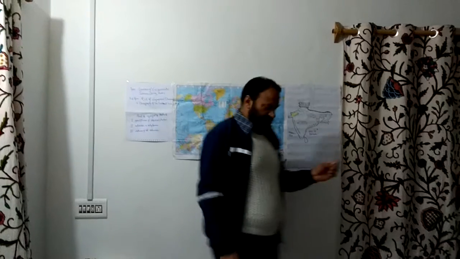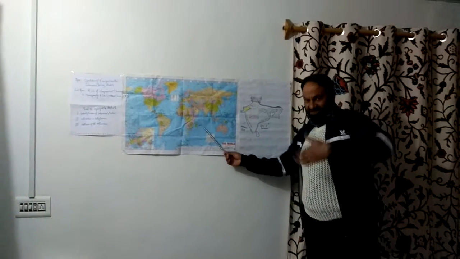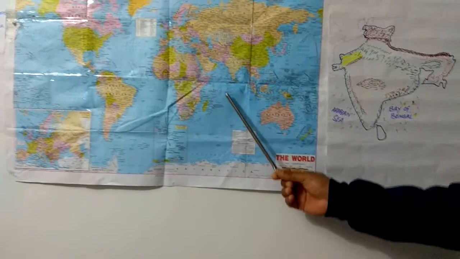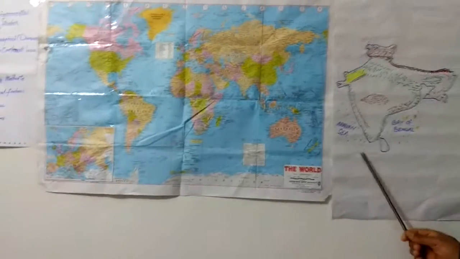Dear students, India has some physical features. Generally, in geography, we start from the bottom side. Here, the biggest third water body is the Indian Ocean.